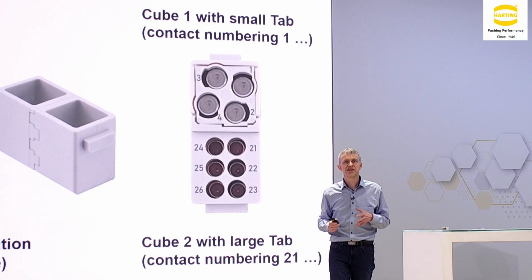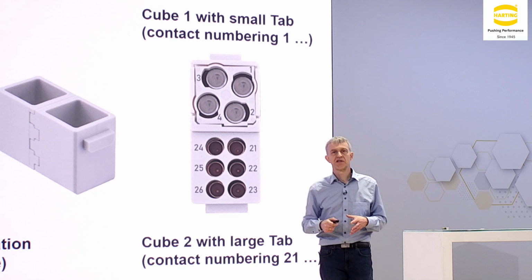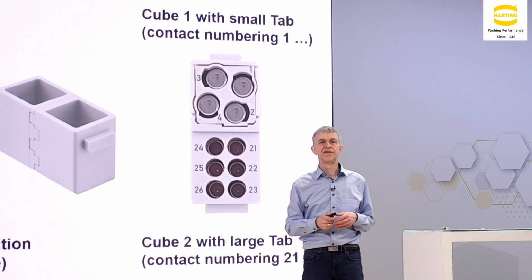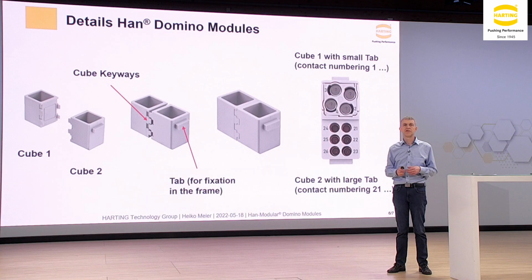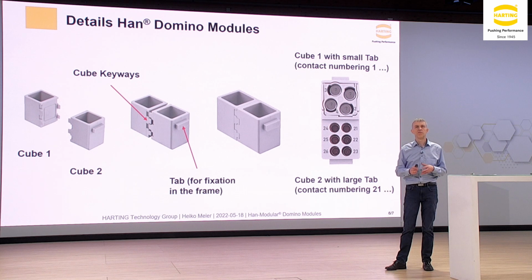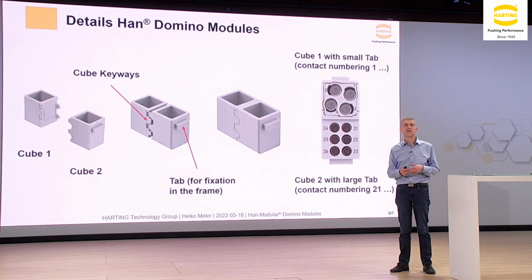So in the wiring diagram, customers have a clear identification of all the different pins. Each number exists only once, so you cannot make a mistake with an unclear wiring diagram. Everything is combined clearly and easily.